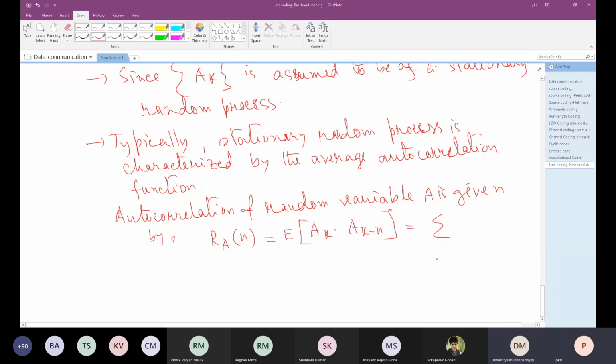In other words, it could also be approximated by the summation of the projection of a_k onto a_(k minus n). So E is the expectation operator.